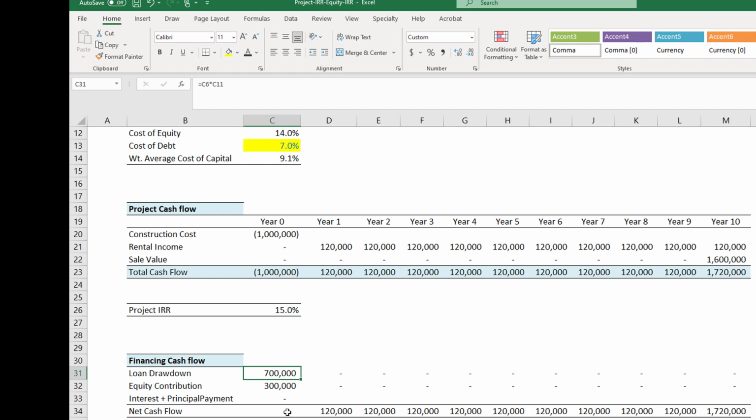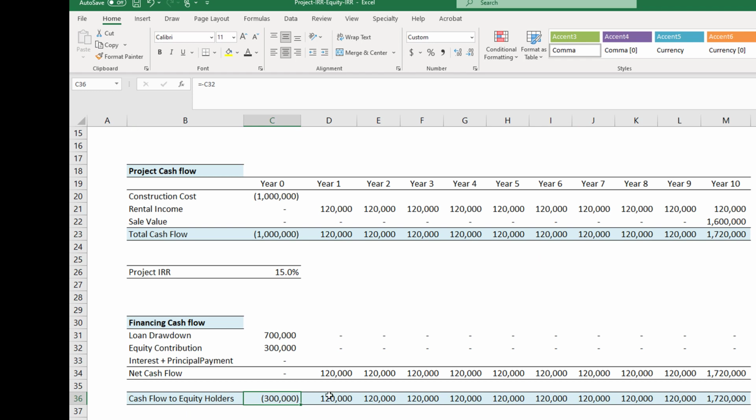So what is the net cash flow post finance? I'm just summing this and adding back the project net cash flow. So this is my cash flow, and I have here the cash flow for equity holders. But there is one thing here: there is a loan element, so I need to calculate the payment.